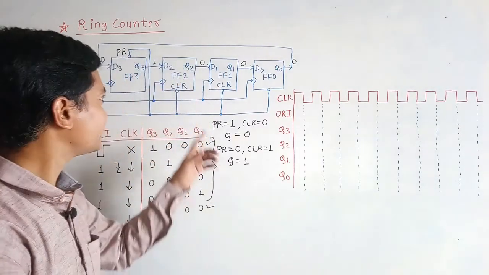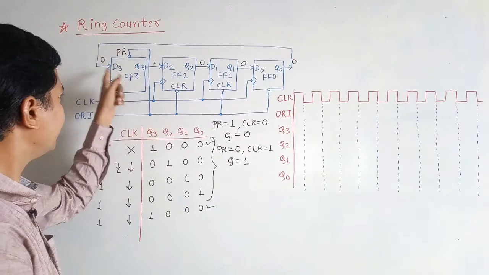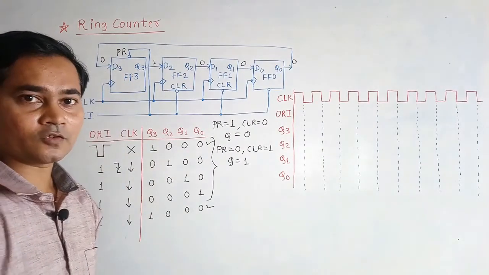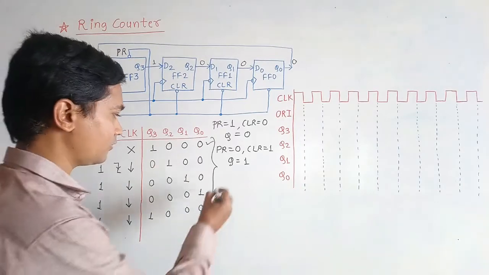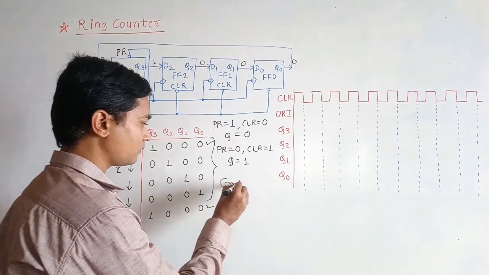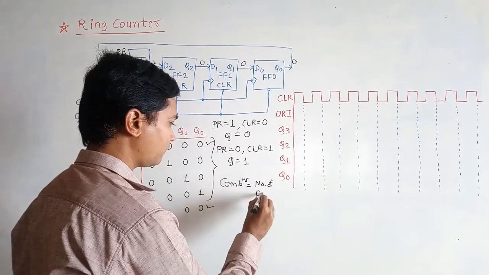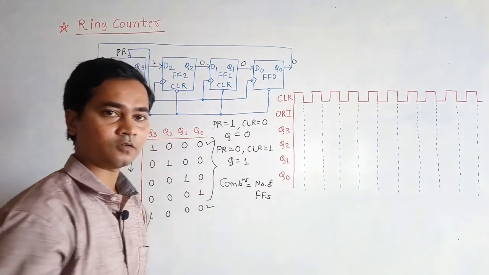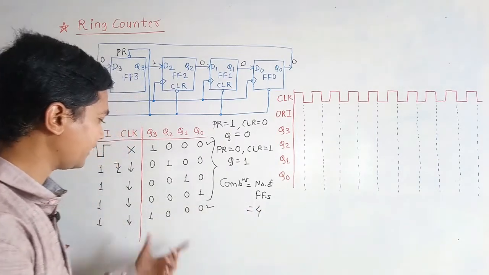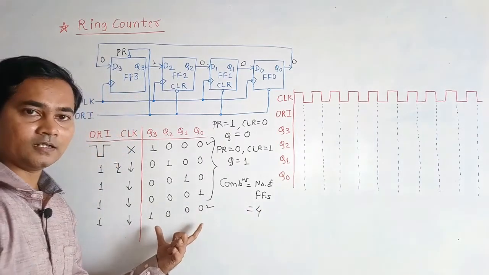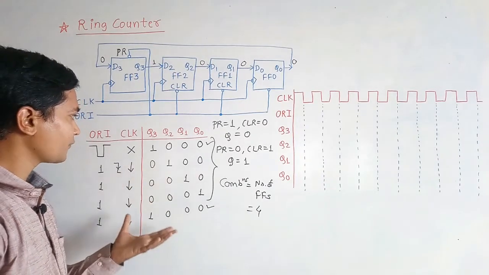We are just using single outputs, and it is again connected to the input of the first flip-flop. So that's why we are having only 4 combinations, so combinations is equal to the number of flip-flops. In this case the combinations are 4. Again the same sequence will be repeated. So this is all about the truth table.